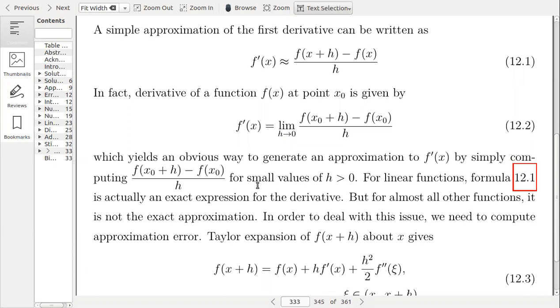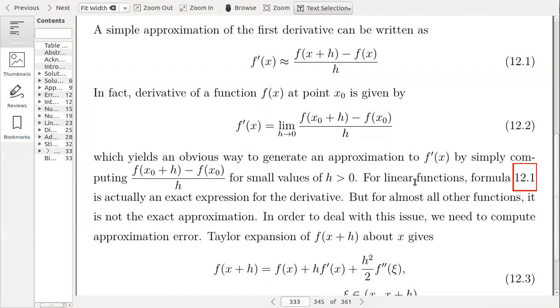Okay. So for small values of h greater than 0, meaning h is a positive number, for linear functions the formula 12.1 is actually an exact expression for the derivative. But for almost all other functions, it is not the exact approximation.